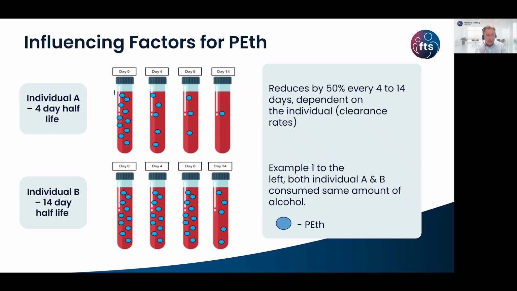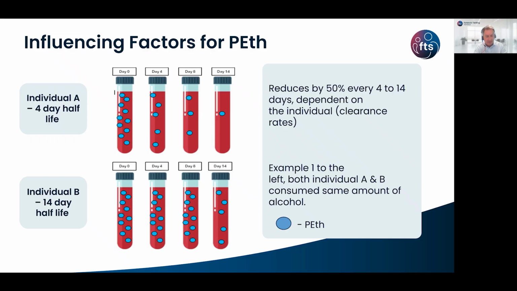Individual B, their body is completely different, metabolism slightly different. They don't get rid of PEth nearly as quickly as individual A. They have what's called a 14-day half-life. So every 14 days, their levels of PEth would diminish by half.